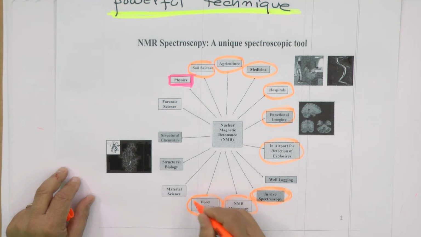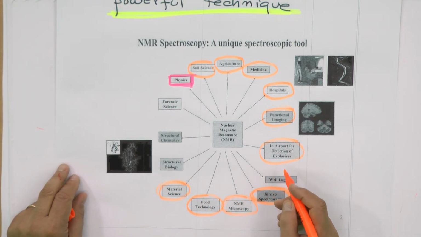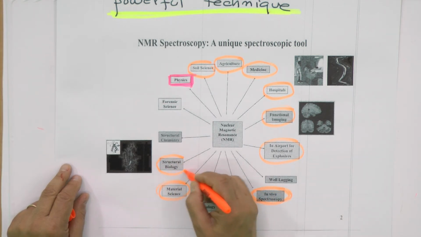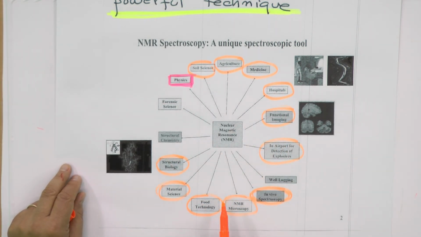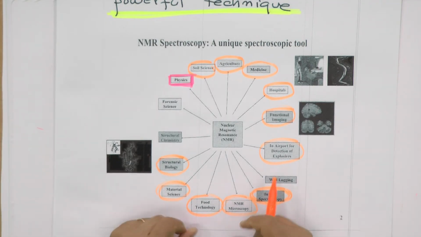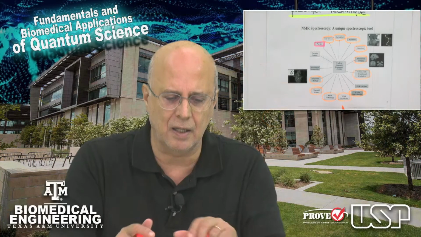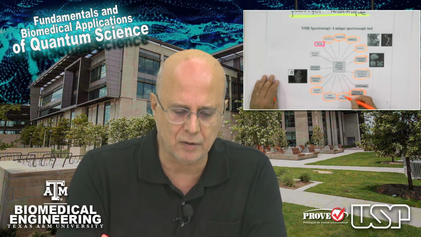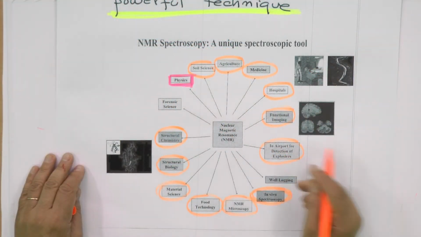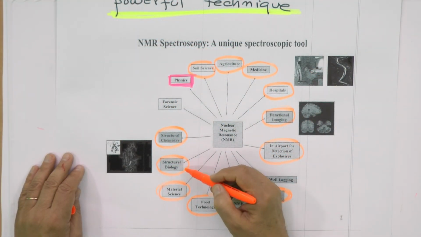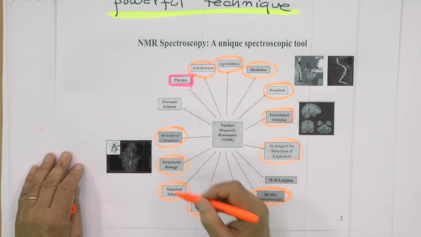Food technology, material science, many material characterizations are done by NMR. Structural biology, molecules, proteins, DNA, anything that's related to structural biology. Structural chemistry, which is also important. Sometimes they don't need to do structures of biomolecules, but other things.